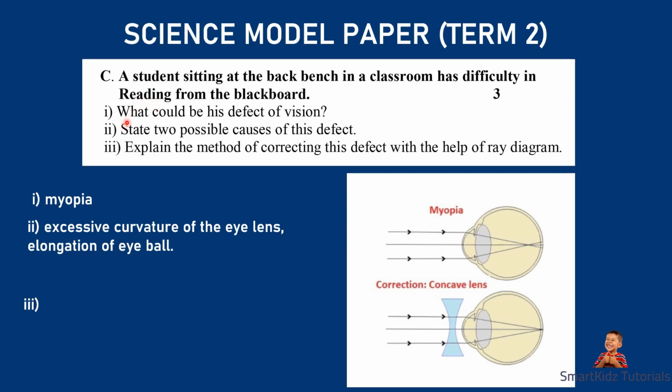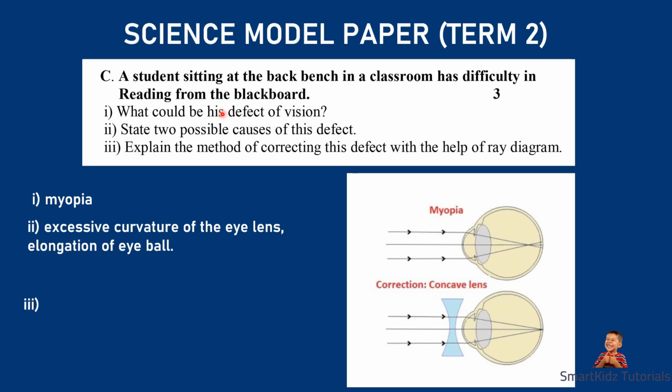There is a boy sitting on the back bench in a class, and he has difficulty reading from the blackboard. That means the student has difficulty seeing objects or written matter at some distance.